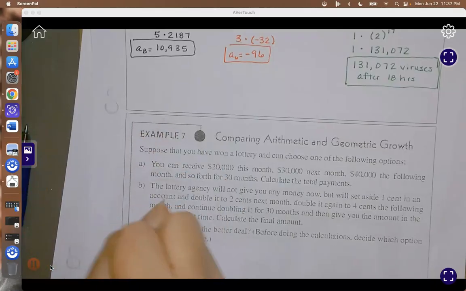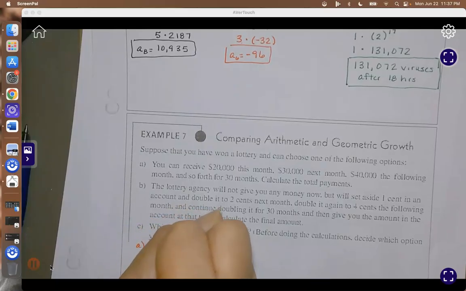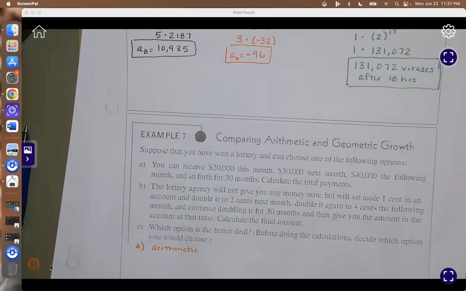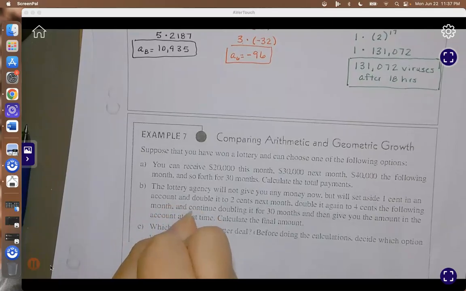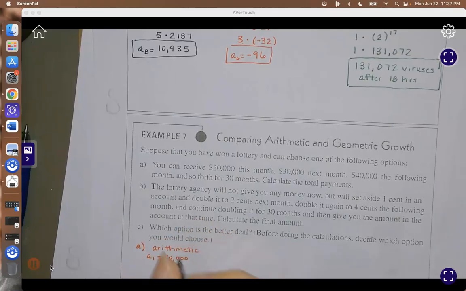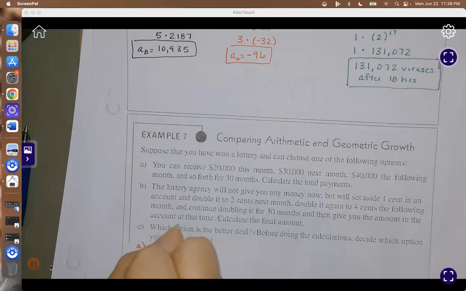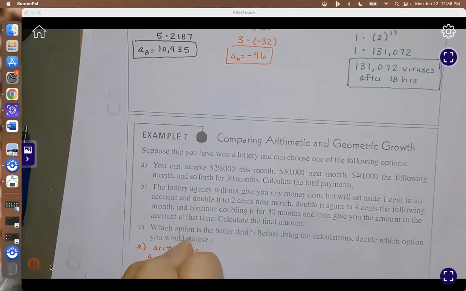So if we want the sum, a sub 1 is 20,000. The d is 10,000. It's increasing by 10,000 each month. And we're doing 30 payments.